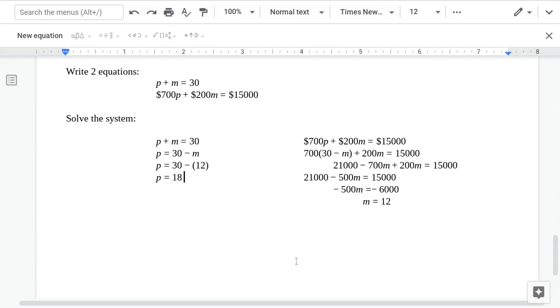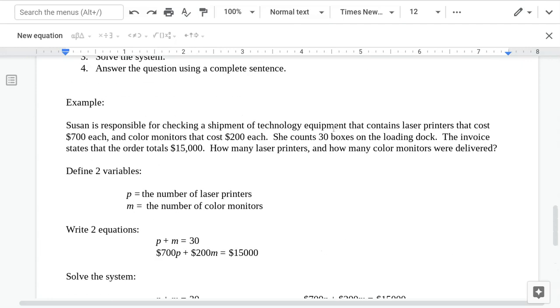but in an application like the one we have, what we do is we explain what it is our solution is representing. And so in this case, it's nice that we used letters that tell us what's going on. P was intentionally used to represent printers, while the M was for monitors. And so pretty easily here, we can go back and maybe look at that question, which said how many of each were delivered.